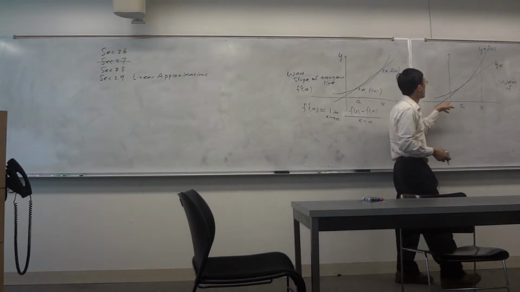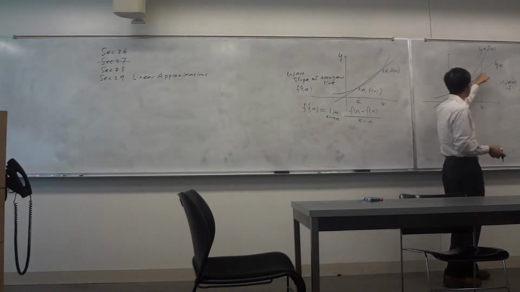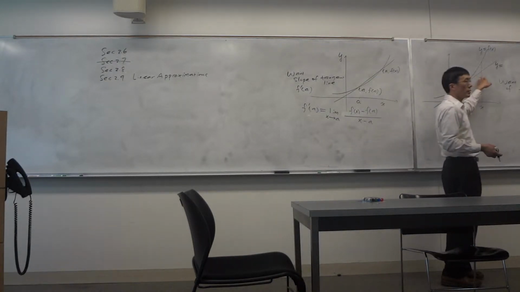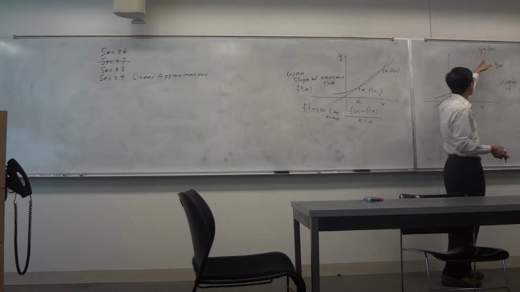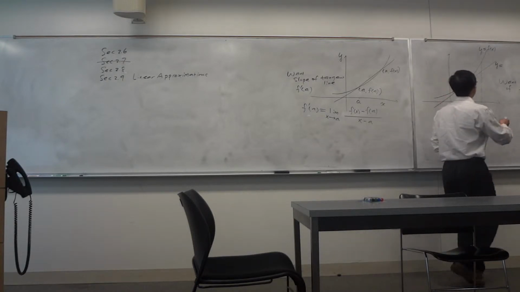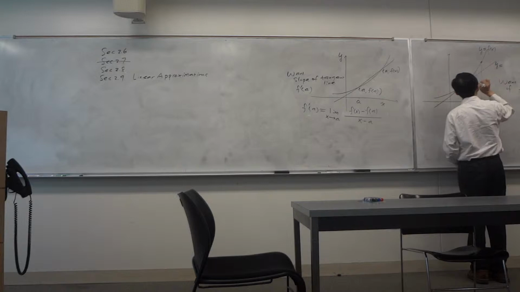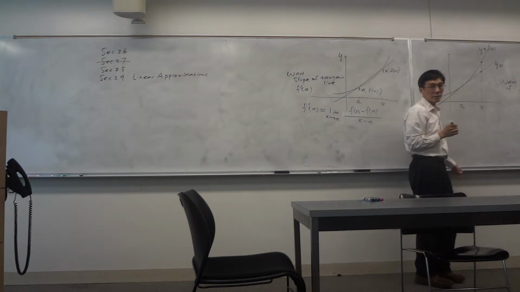And look at the picture here. What we do is take the tangent line and use that to approximate my function. So f(x) is usually hard to compute. What we can do is compute this value, which is almost f(x).